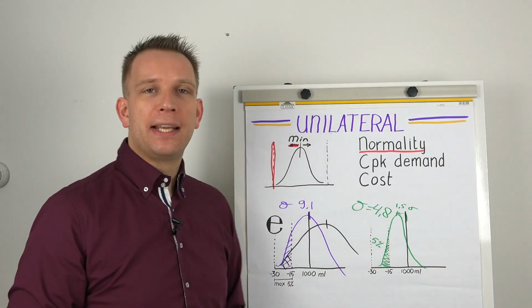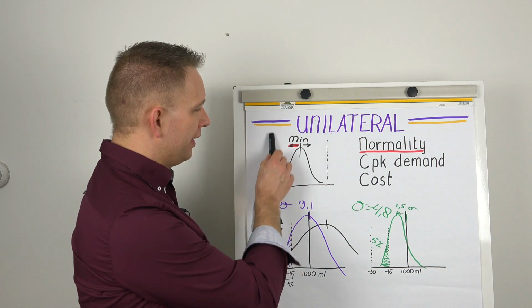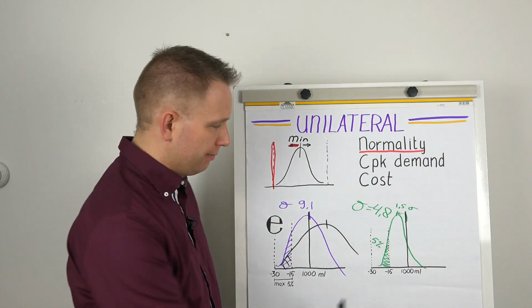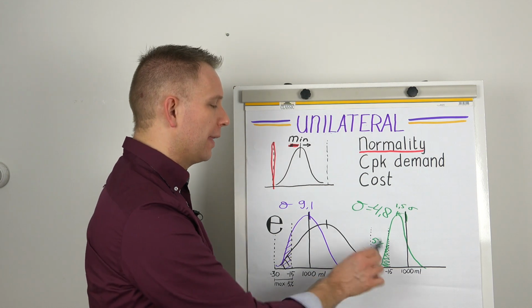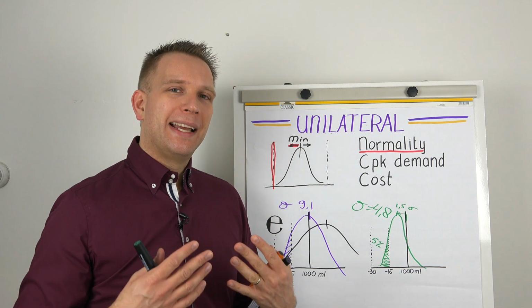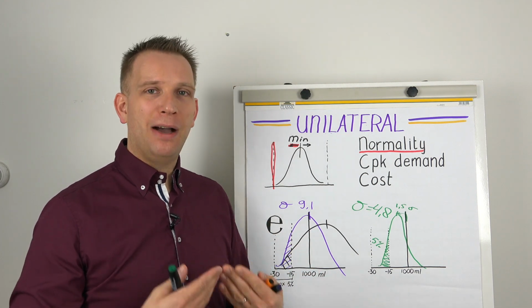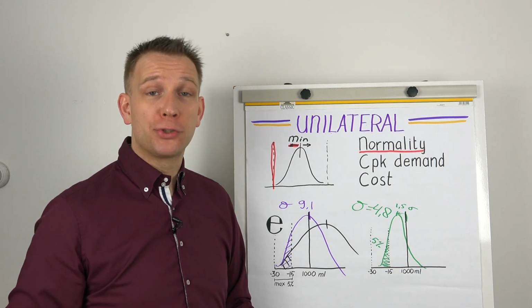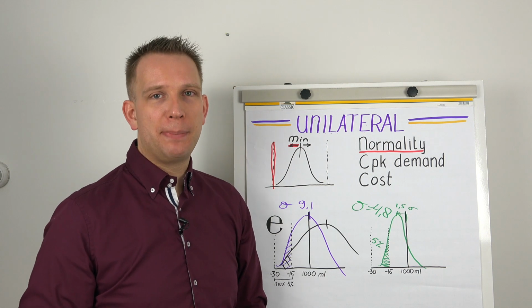But this basically gives us our answer to if we have only a unilateral tolerance, because the weight is only unilateral, and our customers, in this case the law, gave us sort of a description how much deviation they will tolerate, we basically can make our own CPK demand.